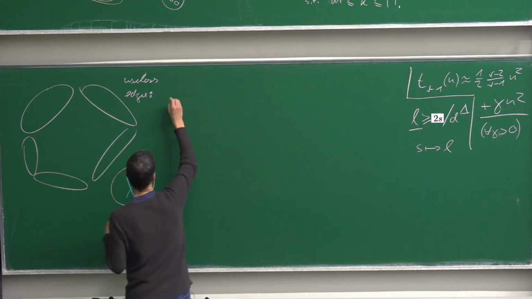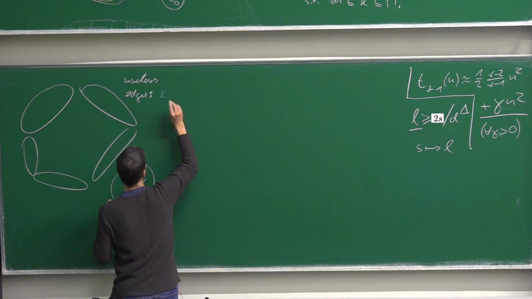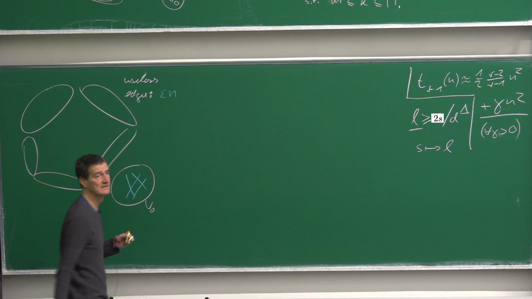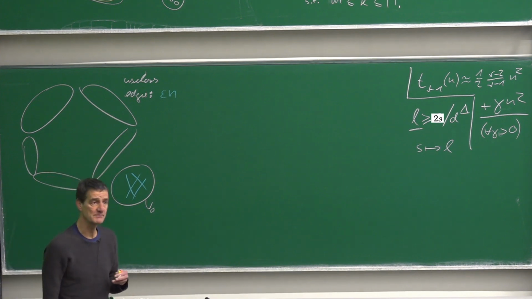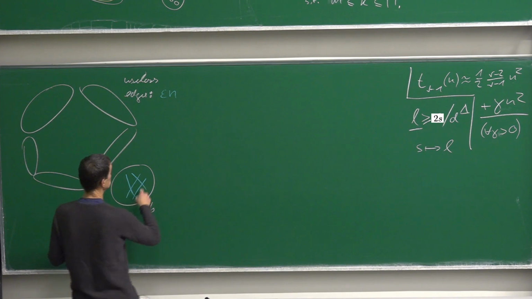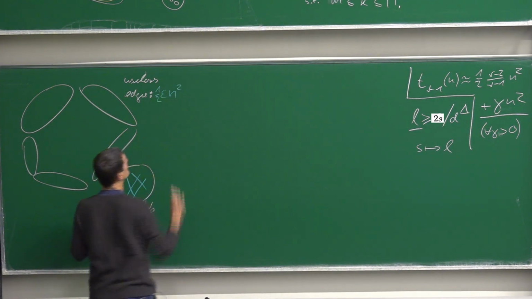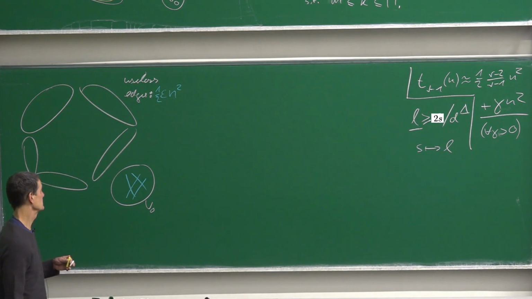Well, V0 has epsilon n vertices at most, so that choose two edges on V0 are possible, not too many.